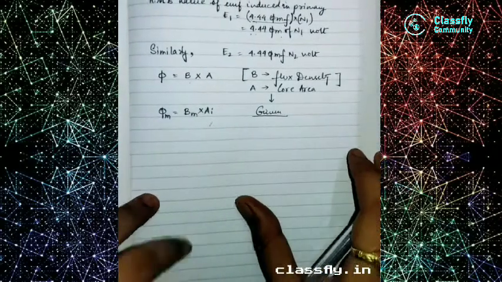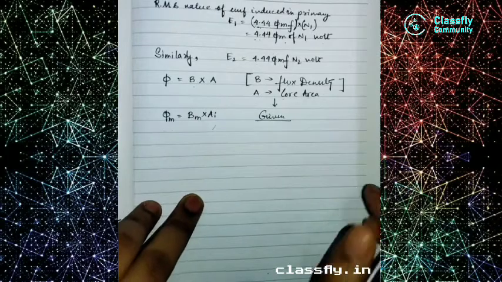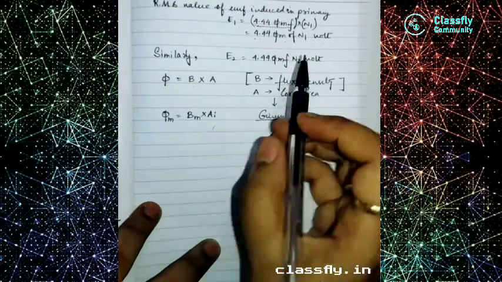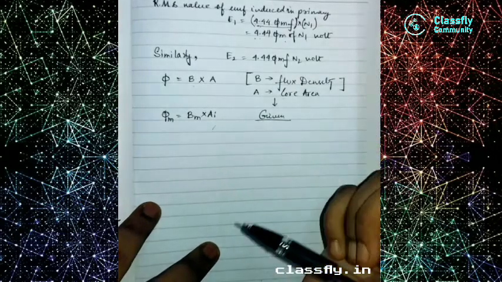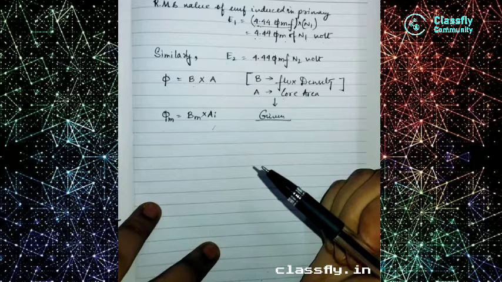So like this you will derive your EMF equation. As you get your phi m, you can put this value in and derive your EMF equation.